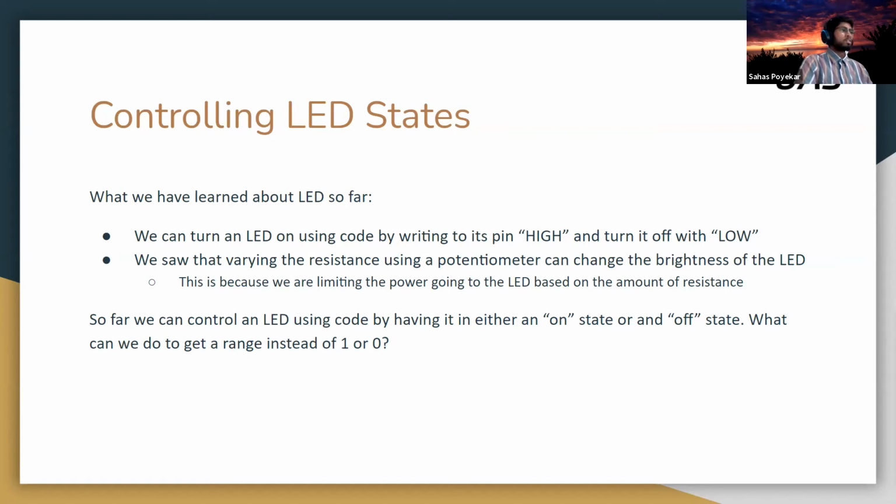We also saw that the varying resistance of a potentiometer can change the brightness of an LED, because we're limiting the amount of power going to the LED based on the amount of resistance the potentiometer creates. So far, we can control an LED using code by setting it to either an on state or an off state. What can we do to get a range of values instead of 1 and 0?